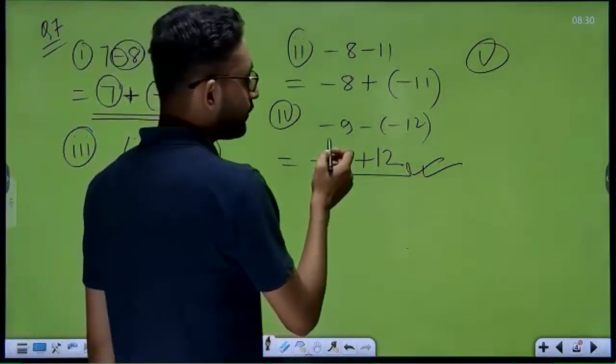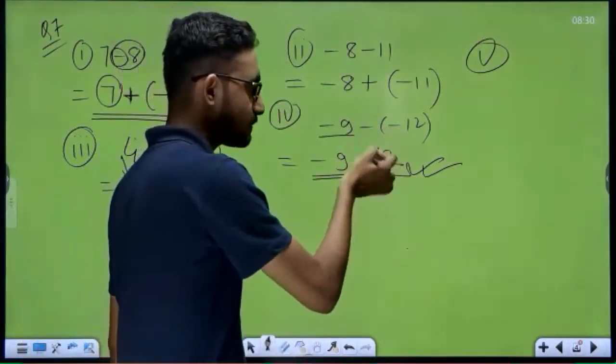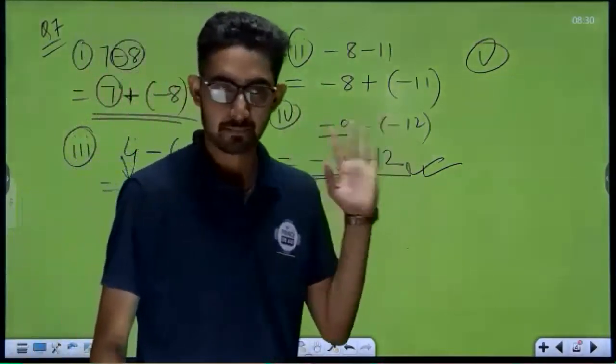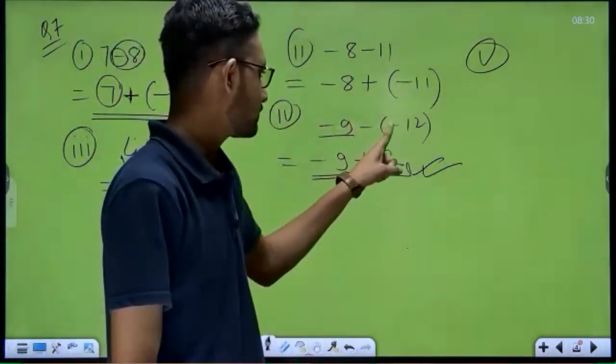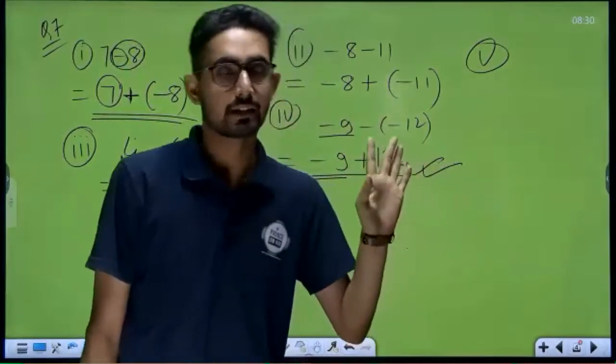And in a similar way here, minus 9, write down as it is, minus 9, and minus minus plus 12. That is the simple answer we can say. Yes or no? If minus minus continues, then minus minus write down plus, and 12 is the correct answer.